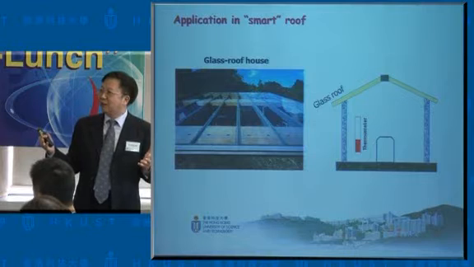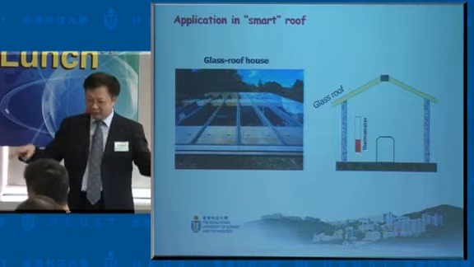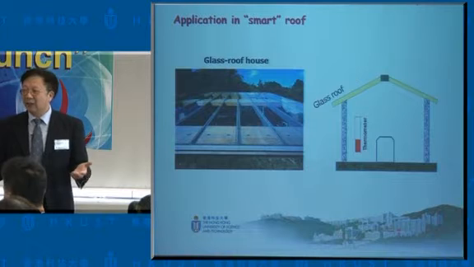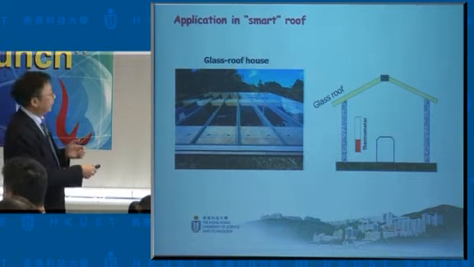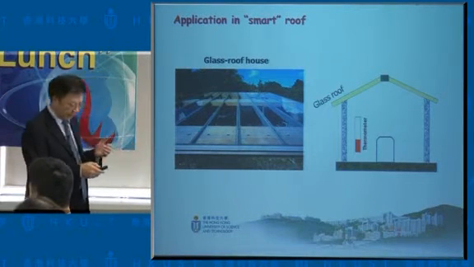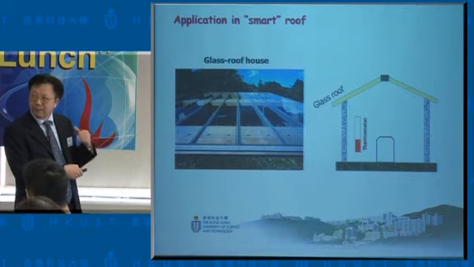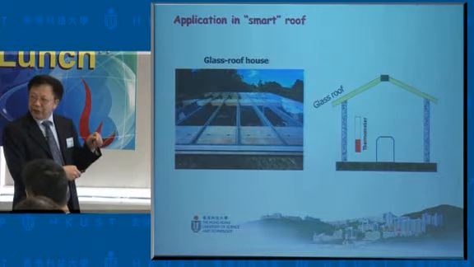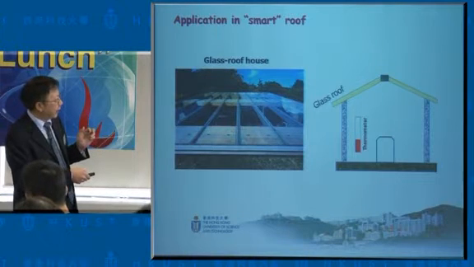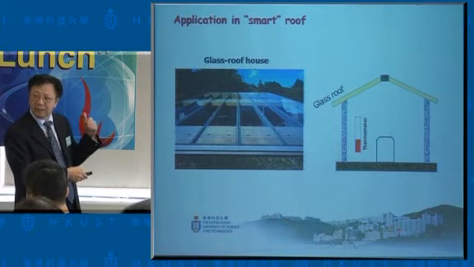Because it's hot, the temperature in the room rises a lot. It's very hot and not useful for the plants. In the winter it's fine, but in summer it's terrible. However, if you use our smart polymer injected in the glass, it changes totally. So you can see here is a glass roof with smart polymers.